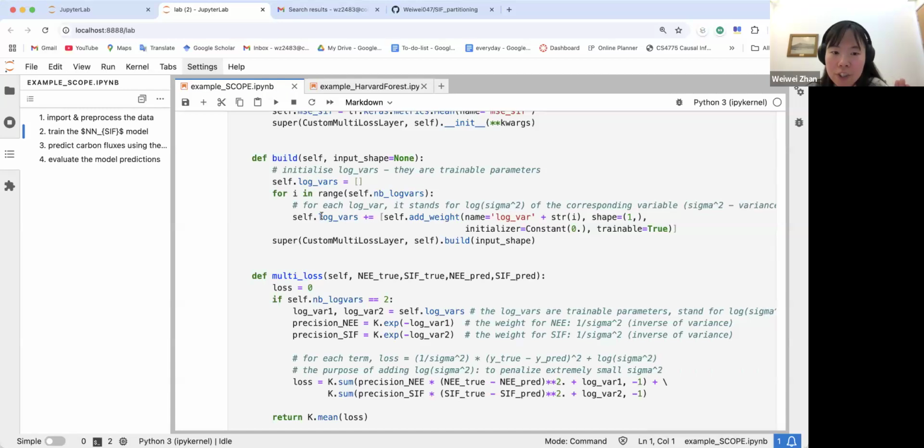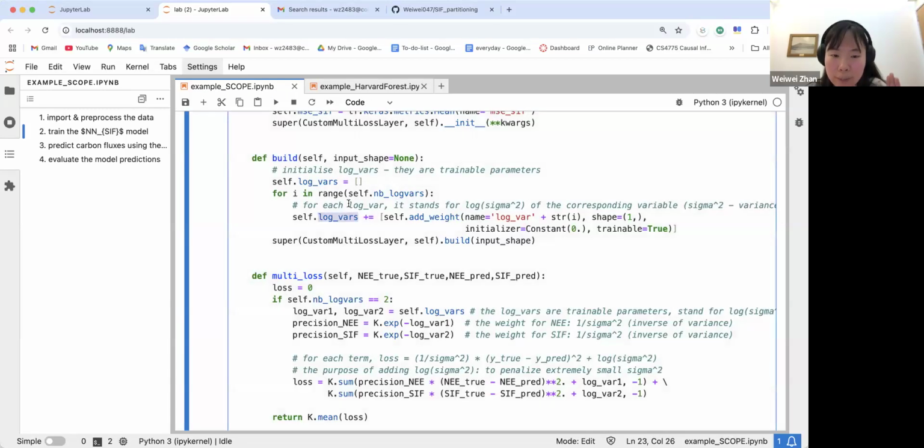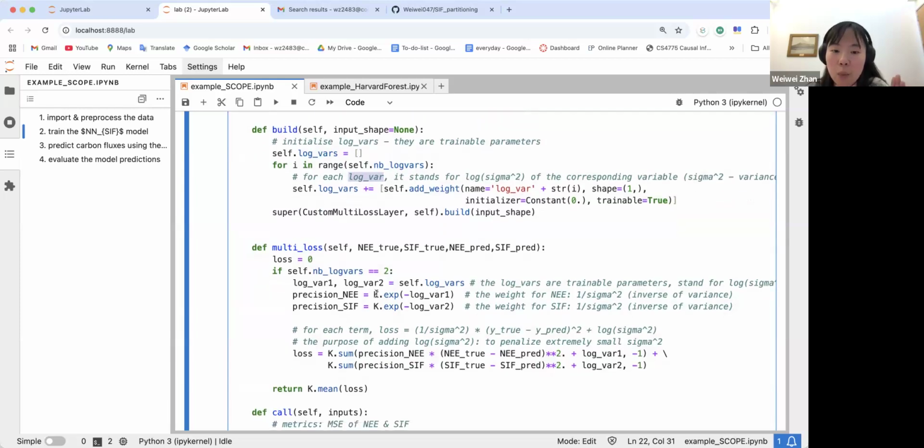So basically we first define some trainable parameters, the log of variance, and then we take the exponential of this log as a precision. So this is a weight for NEE and for SIF.